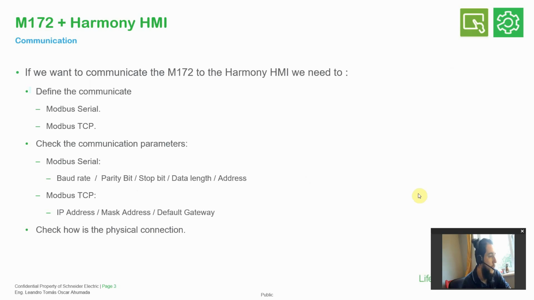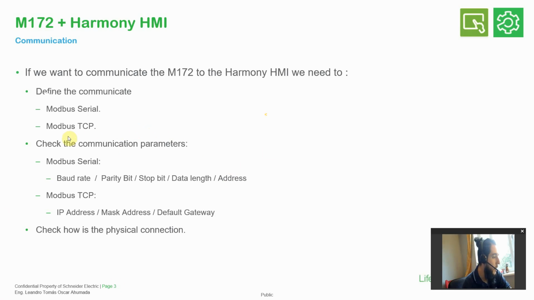So depending on what we have selected, we need to define if it's Modbus serial or Modbus TCP, and based on that, we need to know some parameters that we need to configure in the PLC and the HMI to make it work. It's not enough just to know that we're going to use Modbus serial or Modbus TCP. We need to configure some stuff in both sides.